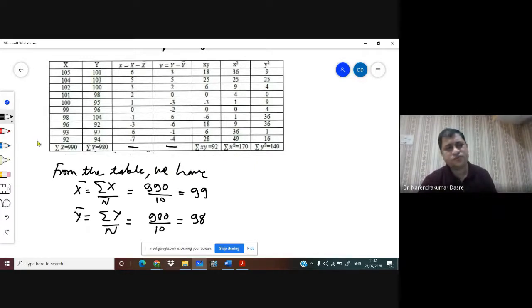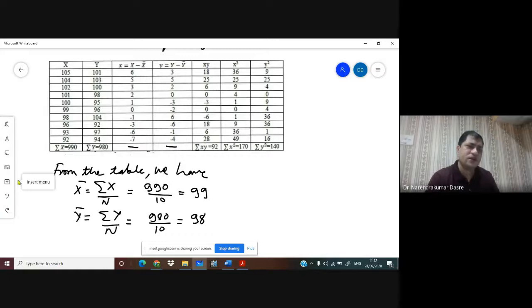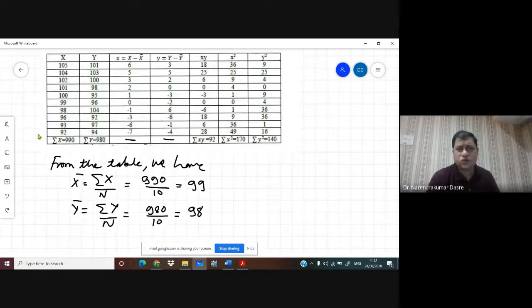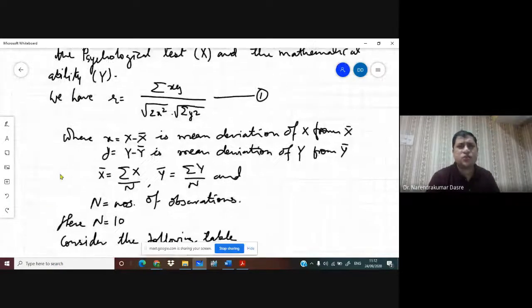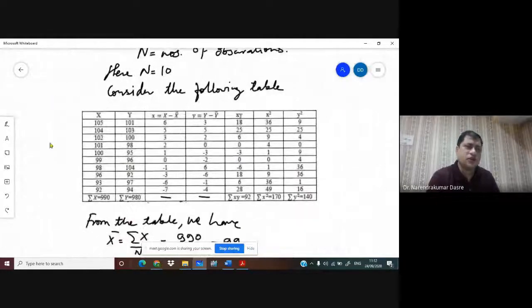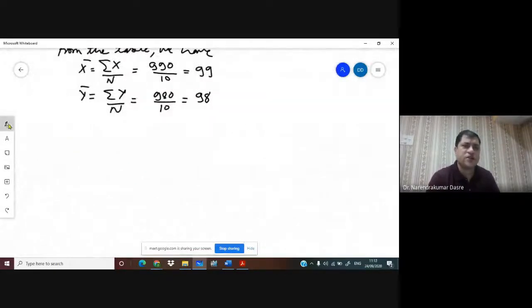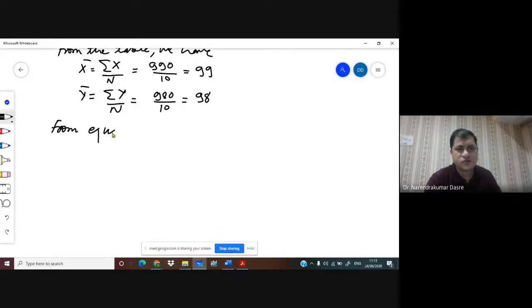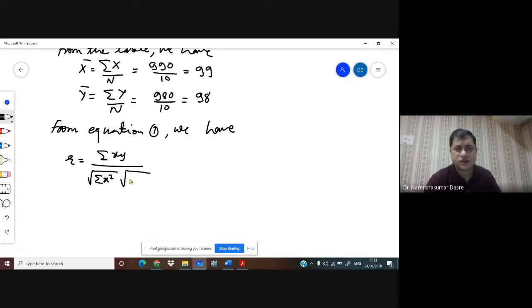Right. And now we have to calculate the coefficient of correlation. So we have here this formula, and then we can write from equation 1, we have summation x into y on square root of summation x square into summation y square.